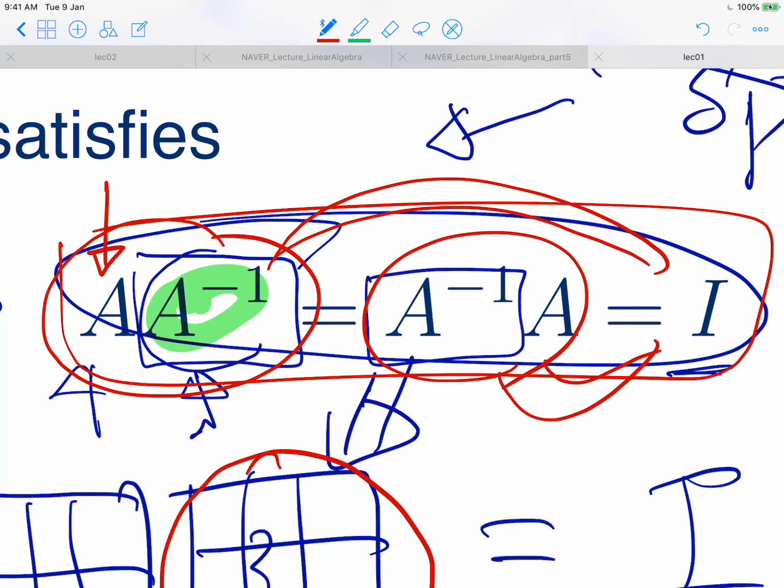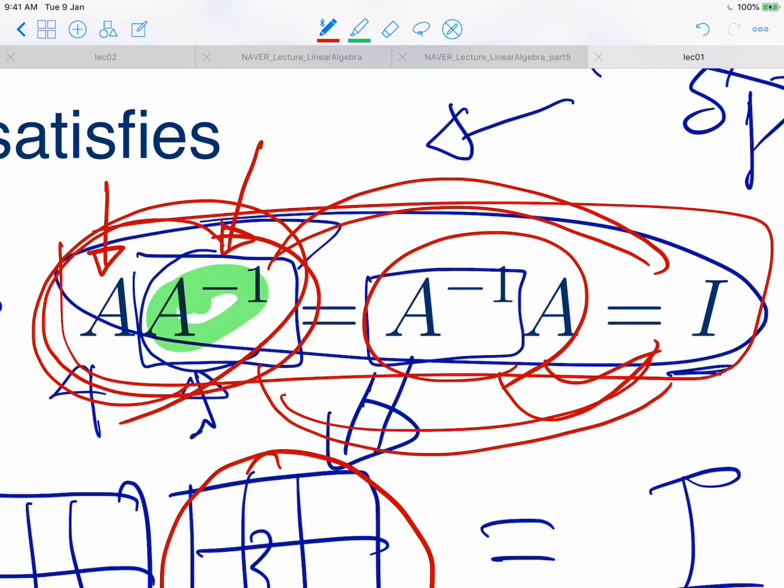And if you found the matrix that satisfies A times A inverse equals identity, then the second equation is automatically satisfied, right? Even though we haven't proved it, that's always true for a square matrix, okay?